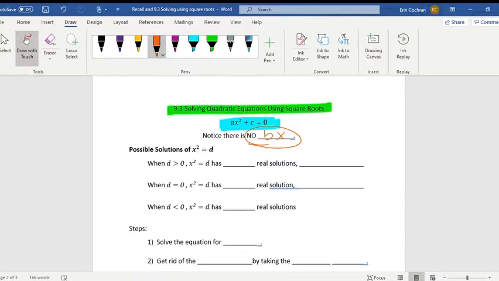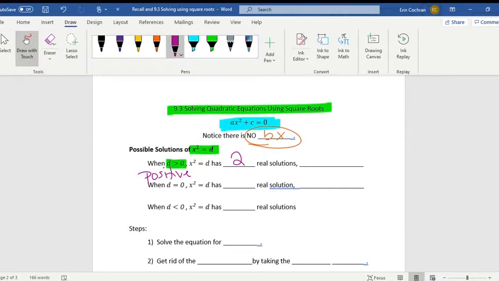That's what we're going to be doing in this sense. We're solving for the x squared. So if I solve for x squared, we end up getting x squared equals d, where d represents a number. If x squared equals a number greater than 0, meaning it is a positive number, we are going to have two real solutions.